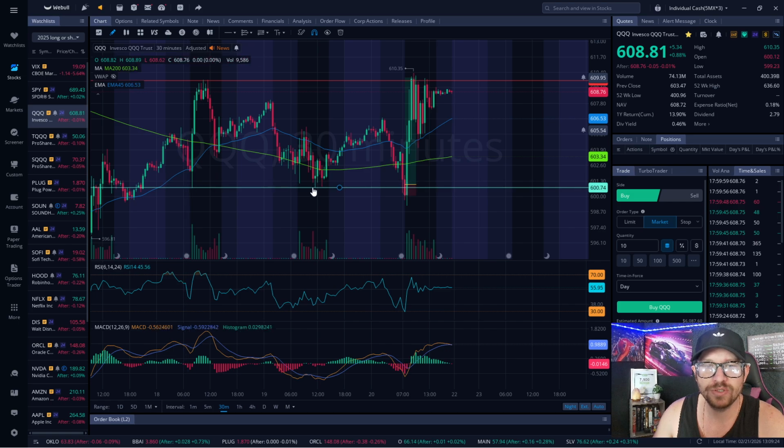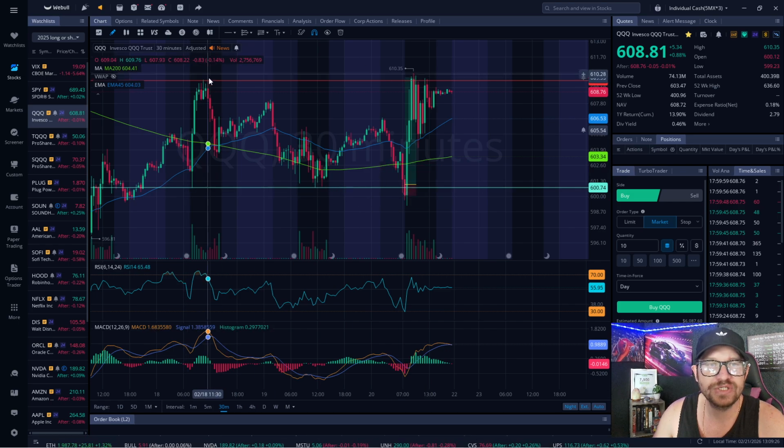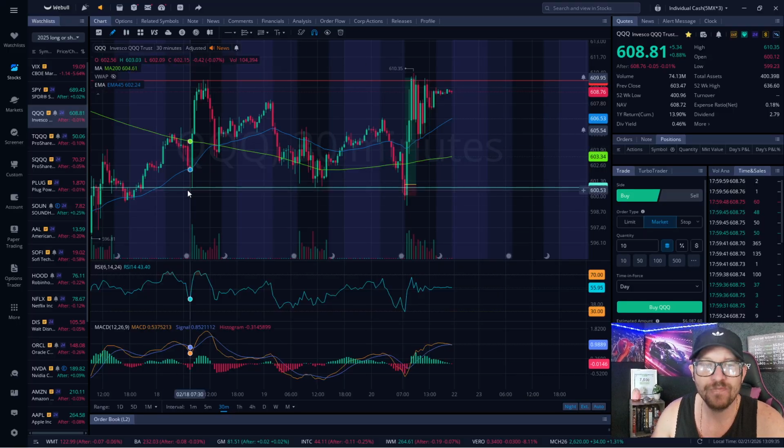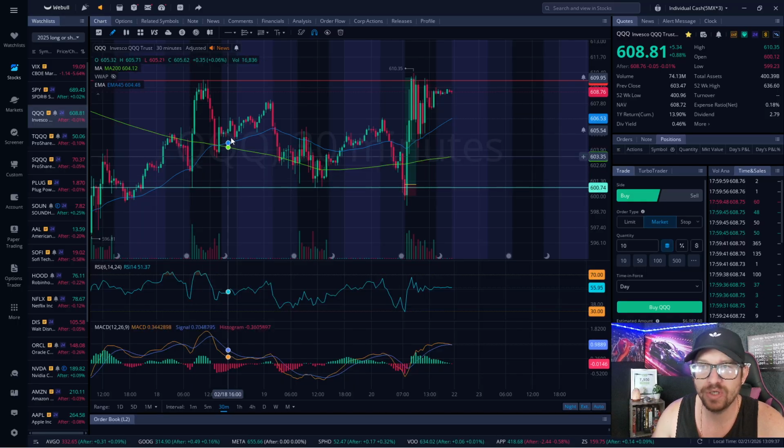There's support, support, support, resistance, and resistance. So QQQ has been trading within this horizontal pattern by validating that 600 is a strong support and about 609 to 610 is a strong resistance level.